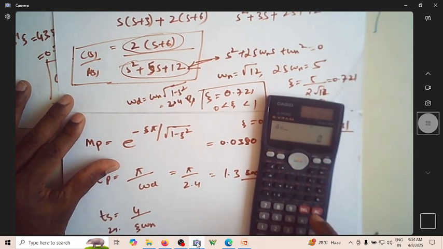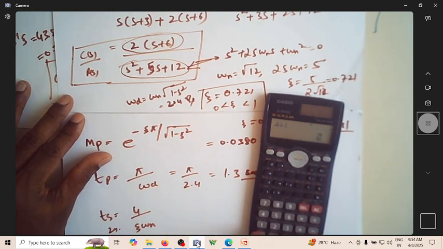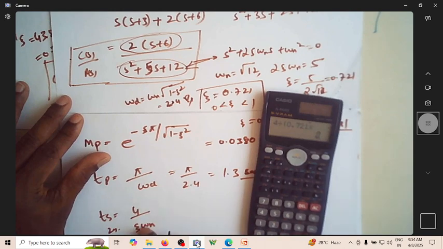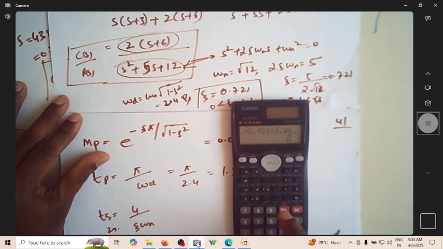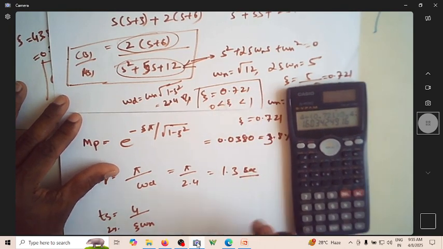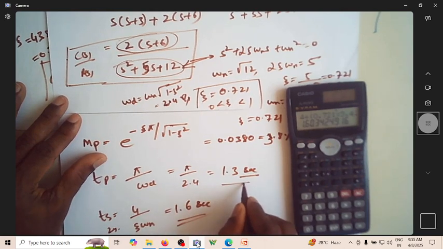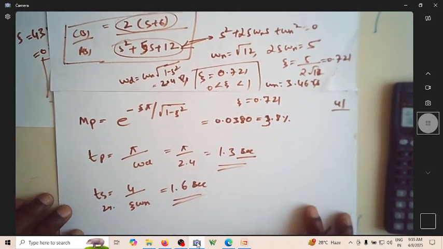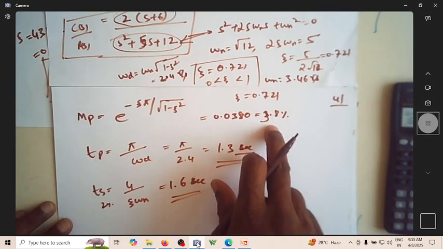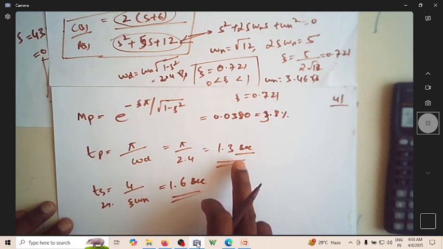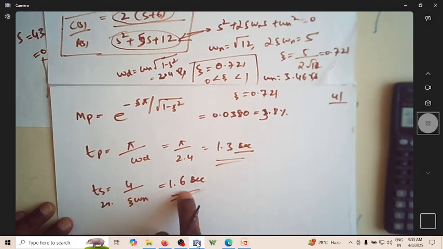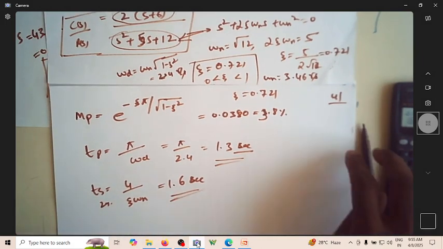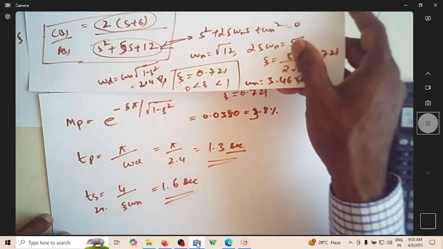It is 4 divided by 0.721 into 3.46, so it is now 1.6 second. So these are the values: overshoot of 3.8%, a peak time of 1.3 second, and a settling time of 1.6 seconds.